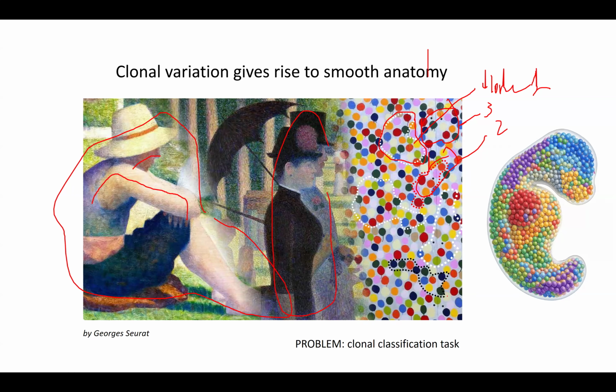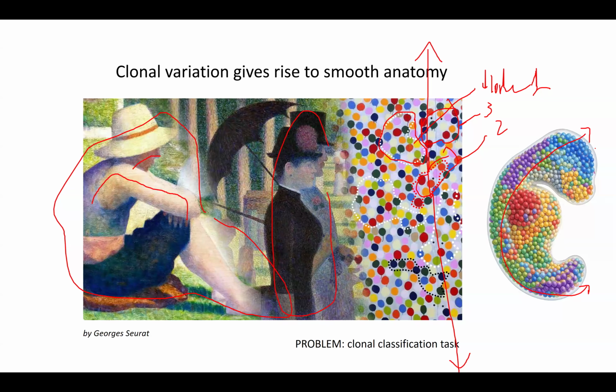So these clones demonstrate some continual axis of variation. Same in an embryo, some continual variation is responsible for the smooth changes in the anatomy. So it means also that clonal differences can be very subtle. Just proportions of cell types can vary a little bit here, a little bit there. Eventually, these differences will accumulate and you will get a different body part, consisting of the same cell types.